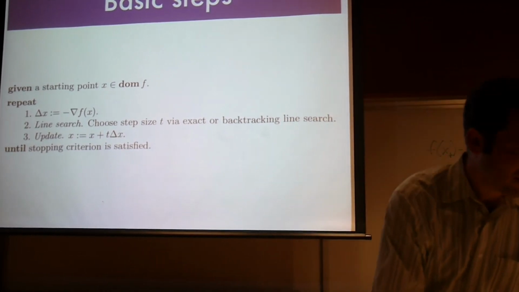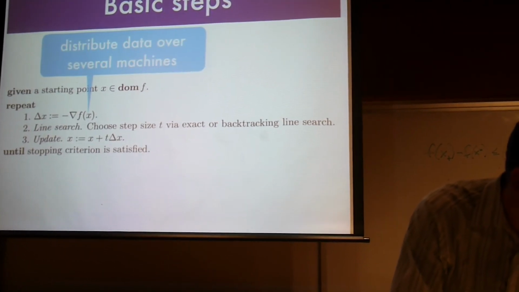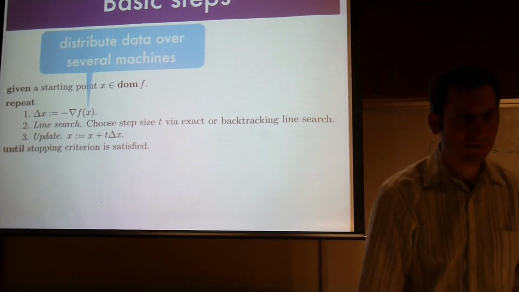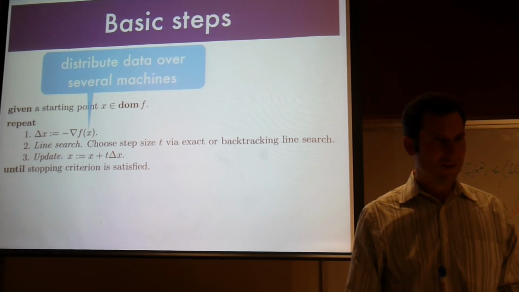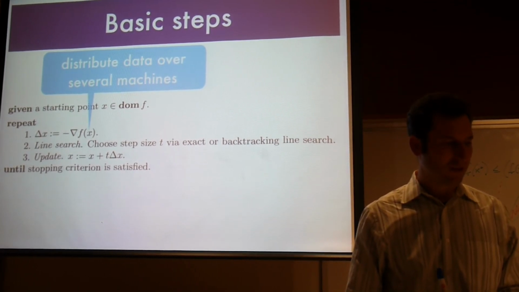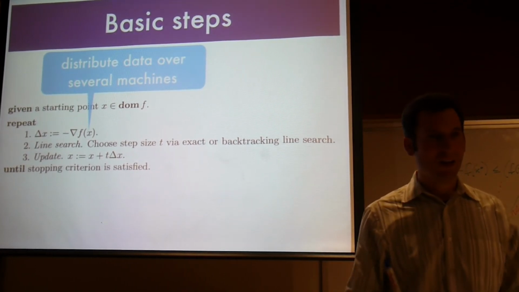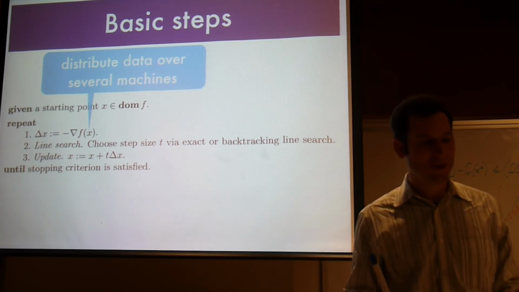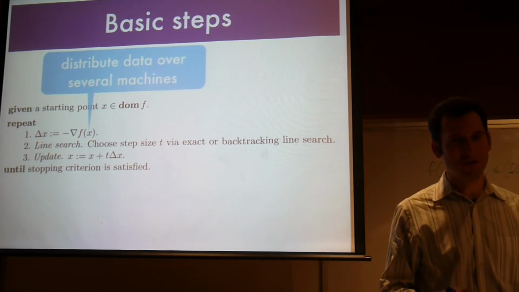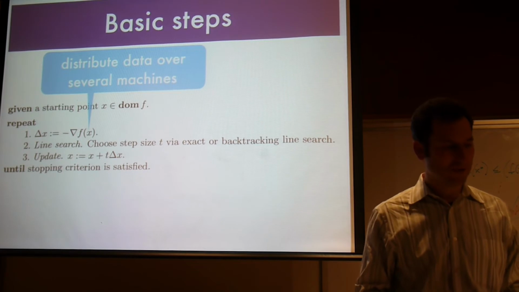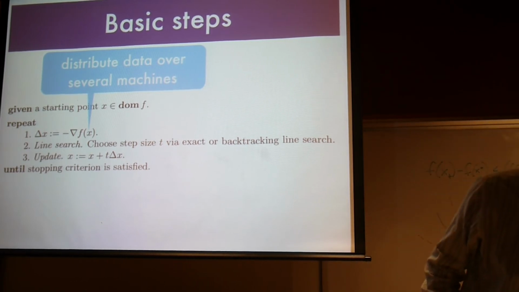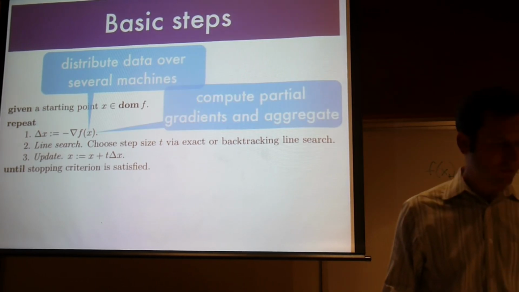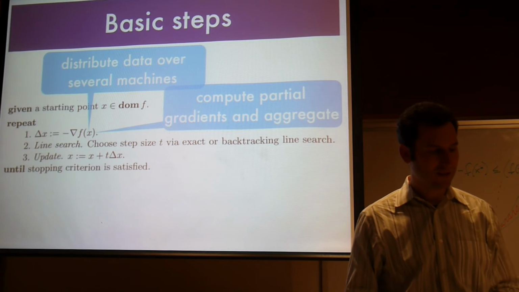Now let's look at the various steps. The first part is we need to distribute the data over several machines in order to compute that gradient efficiently, because basically our function is, and that's the assumption I'm making, otherwise we have a huge issue, decomposable into a sum of individual function parts. Then I need to compute the partial gradients and aggregate.